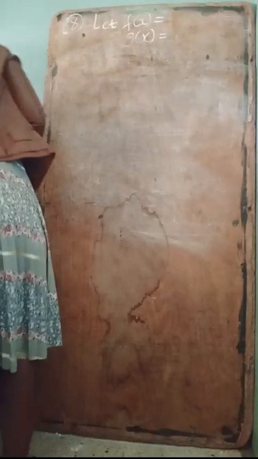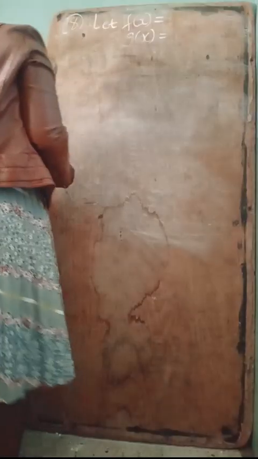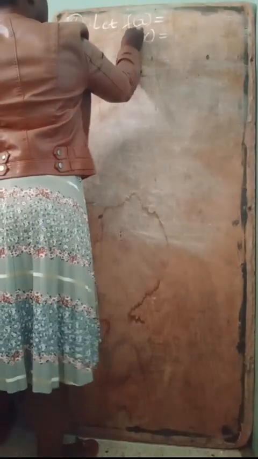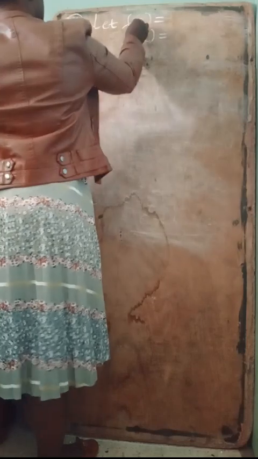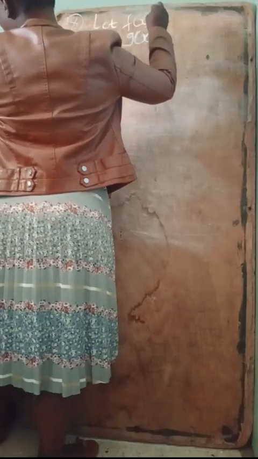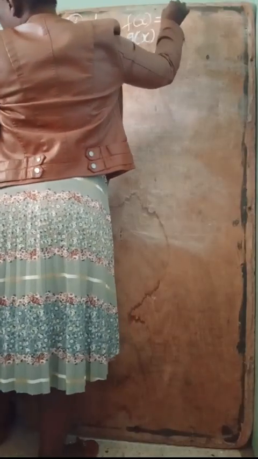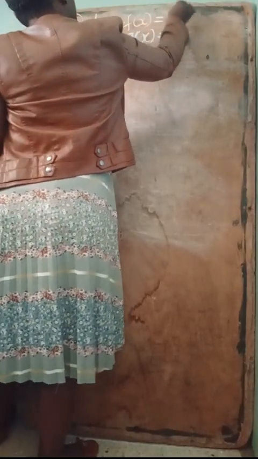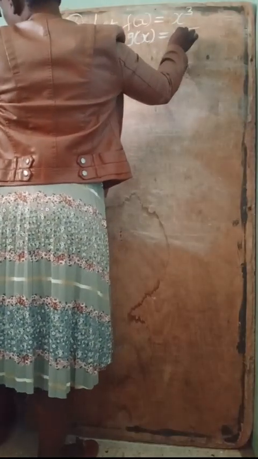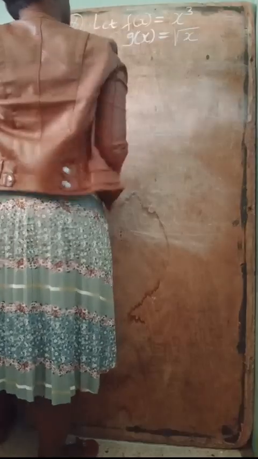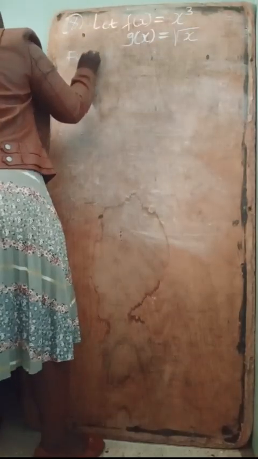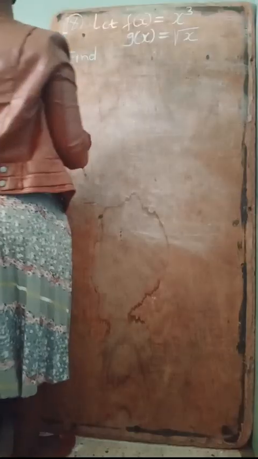Okay, so we also have another question here which says: let f of x be equal to x to the power 3 and g of x be equal to the root of x. Very simple. So what are we finding now?